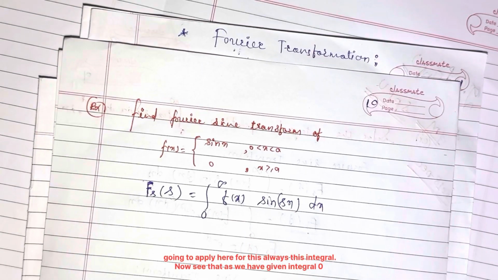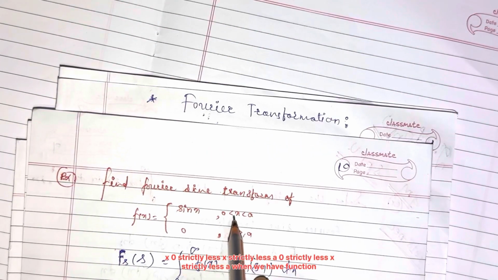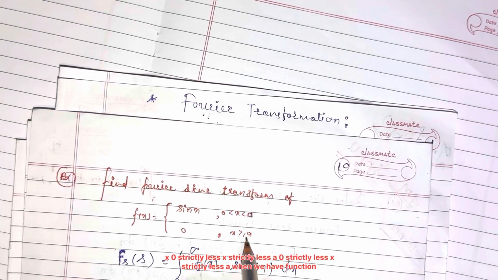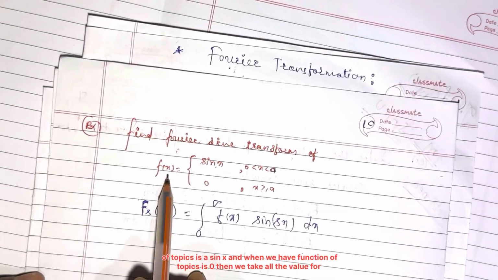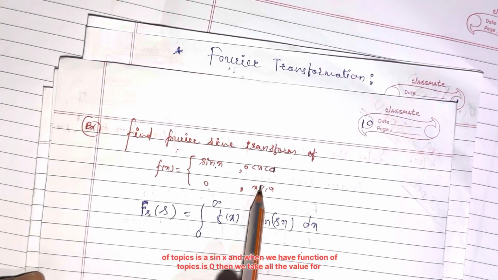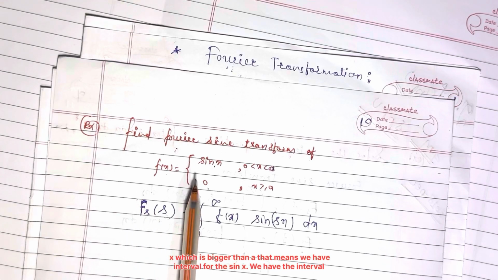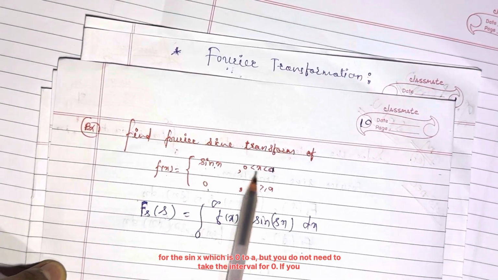Now see that we are given f of x equal to sine x for 0 strictly less than x strictly less than a, and f of x equal to 0 for all values of x bigger than a. That means the interval for sine x is 0 to a.